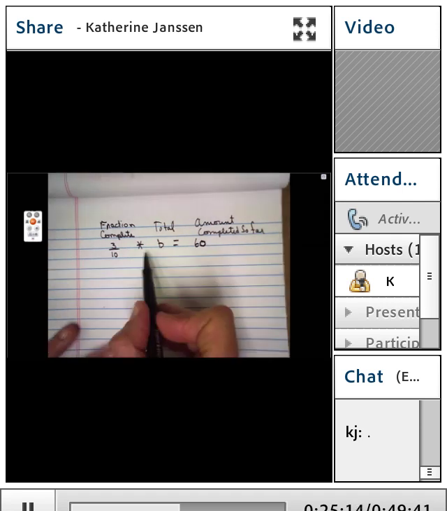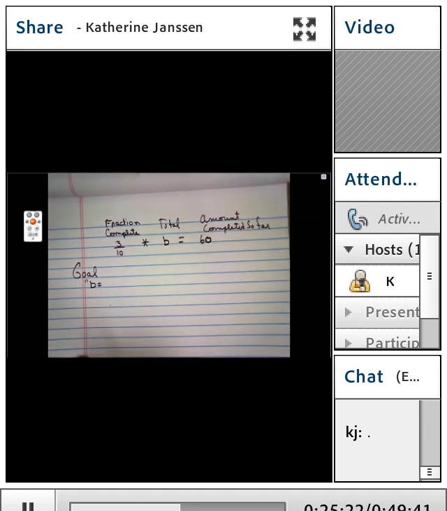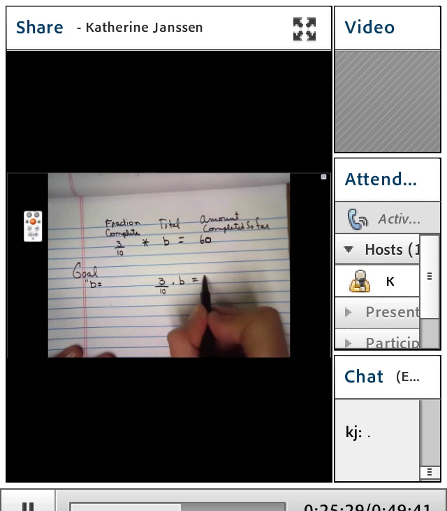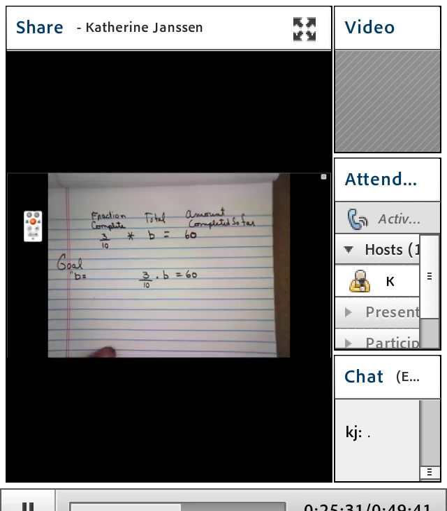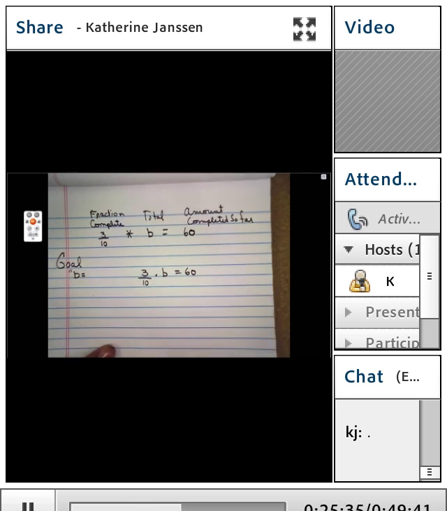Well, we're solving for B in this case as a goal or strategy. We want to be able to say B equals, so we need to isolate B. And I have 3/10 times B equals 60. I remember my multiplication principle.